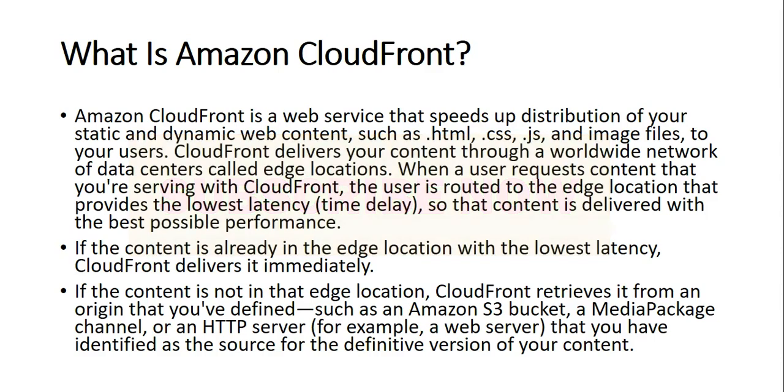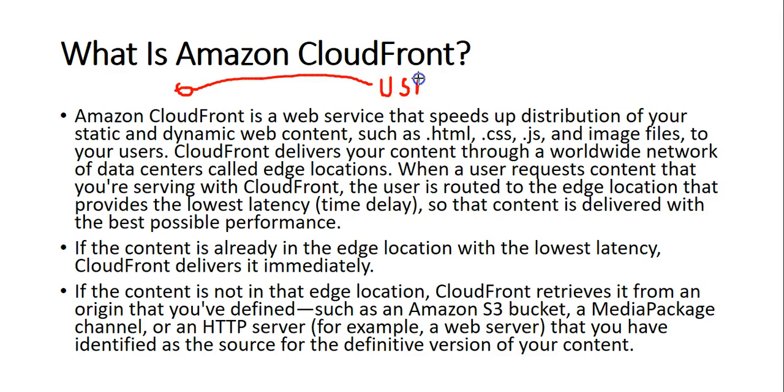Amazon Cloudfront is a web service that speeds up distribution of your static and dynamic web content such as your HTML, CSS, JavaScript and image files to your users. So let's say here is the user and he or she is trying to access a file which is in United States.